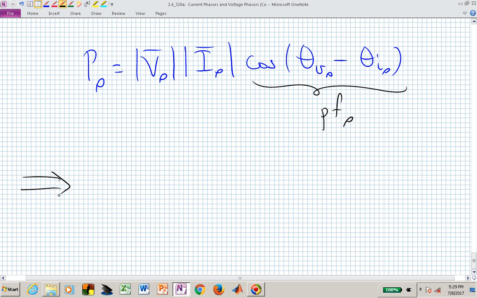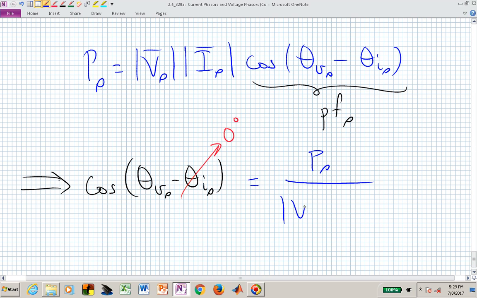So that now we can say the cosine of theta V sub S minus theta I sub S, and we know that this guy is 0 degrees because it was the reference phasor, that's now equal to P sub S over V sub S I sub S.